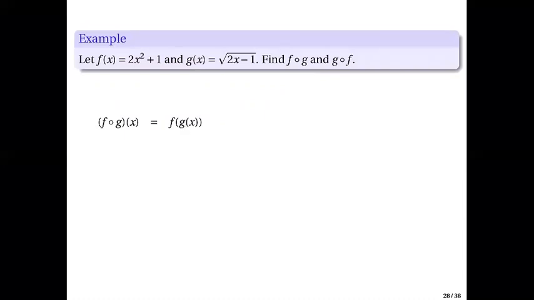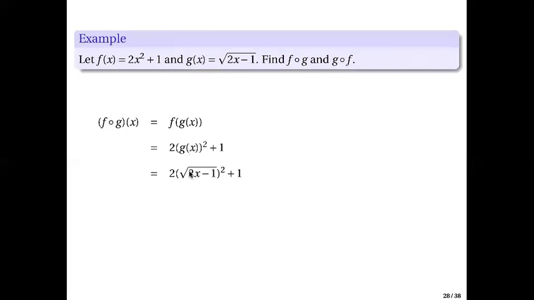So meaning, you replace the x here with your g of x. So 2 times g of x squared plus 1. And then we now use the function g of x here.